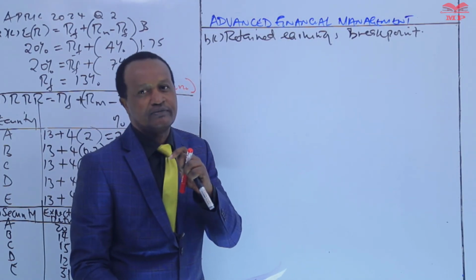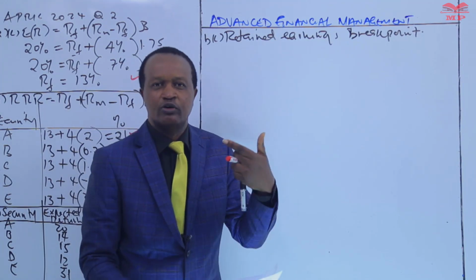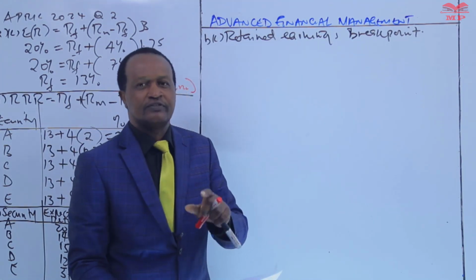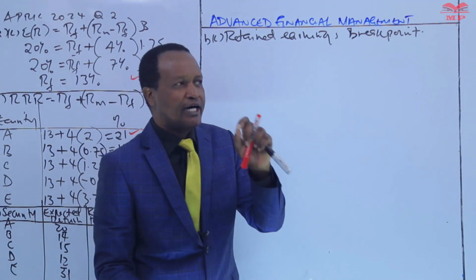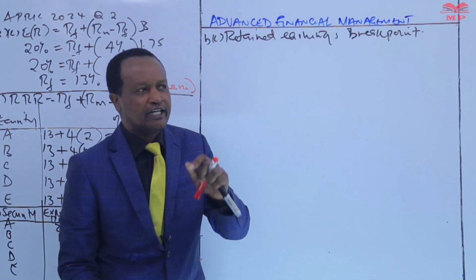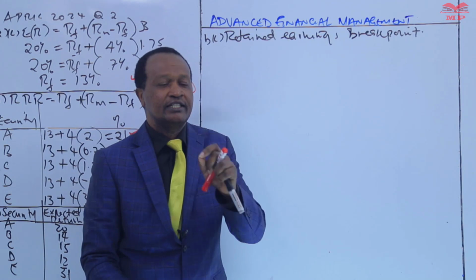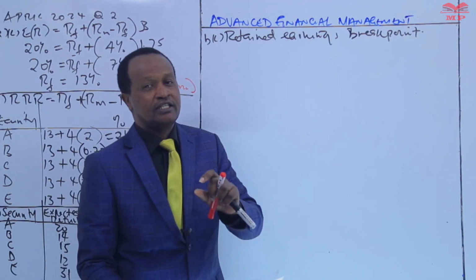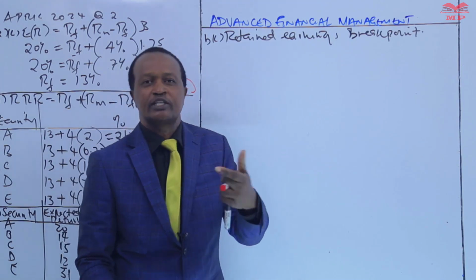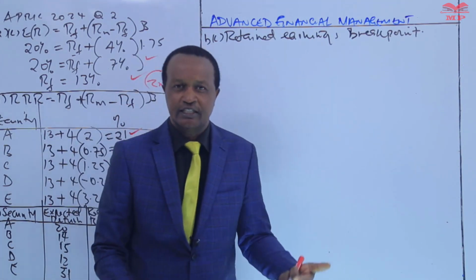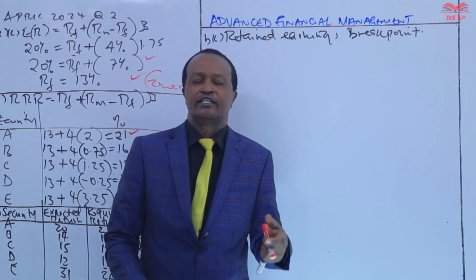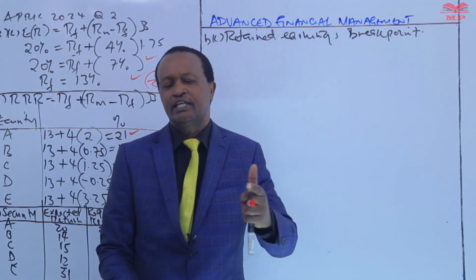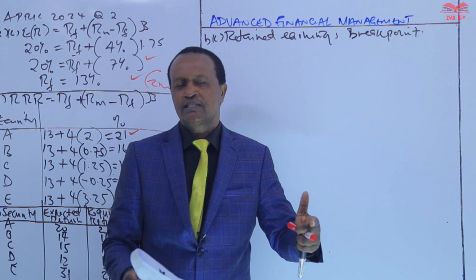Do you understand? I'm trying to explain the meaning of retained earnings breakpoint, and I've said it is the maximum amount of money a company can raise using its retained earnings, because retained earnings is a limited source of capital. It's not unlimited. And even if it is unlimited, a company has to maintain the mix, a balance.